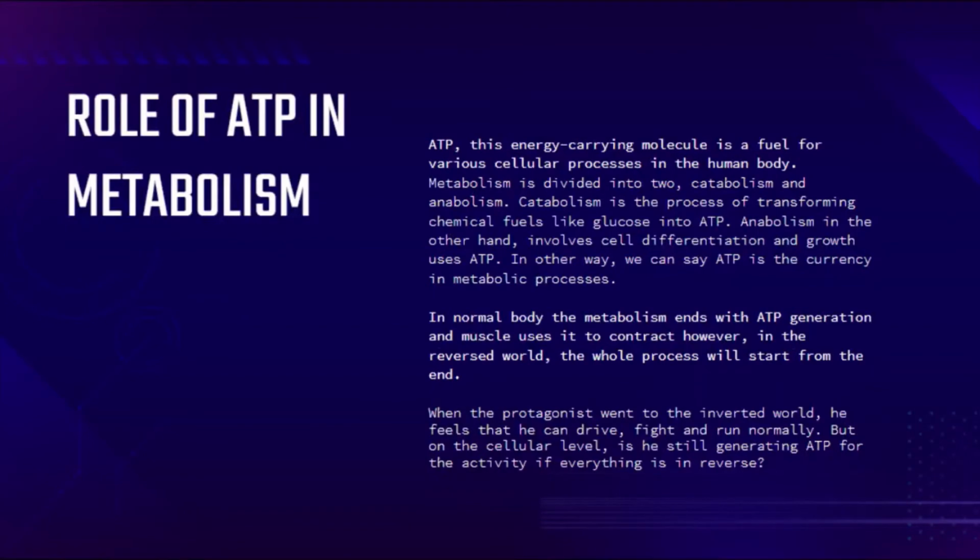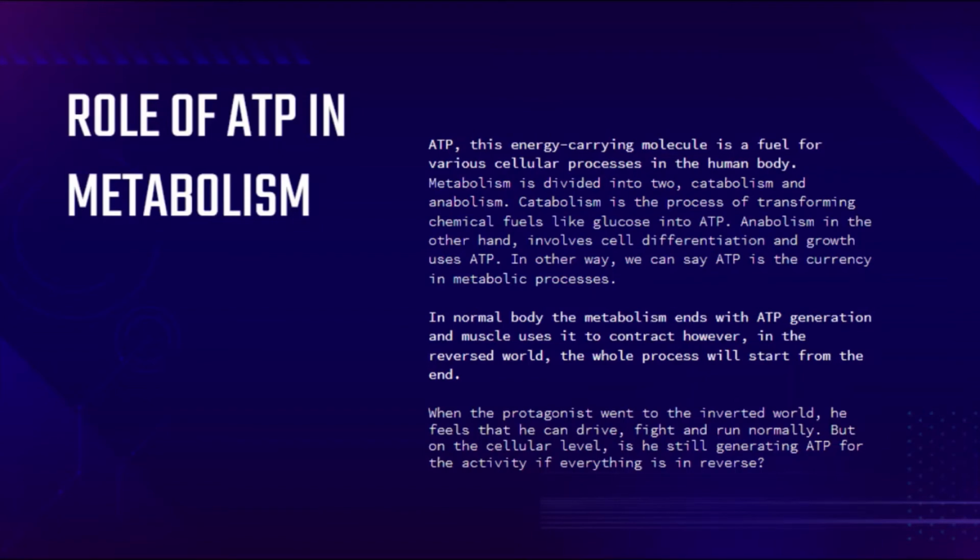For a general overview, both aerobic and anaerobic processes produce ATP for energy. This energy can be used for muscle contraction, for example. In our normal world, the metabolism process ends with ATP generation. However, since the reverse will happen in the inverted world, the metabolism process will start from the end, and we assume that the metabolism will be reversed until it produces glucose and oxygen as products.